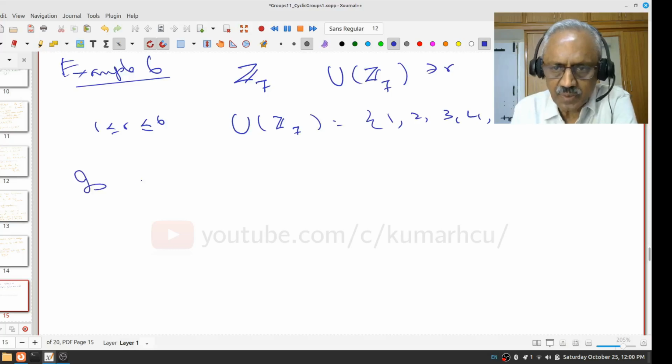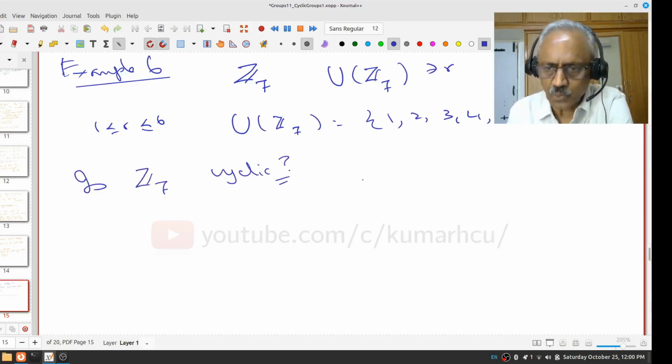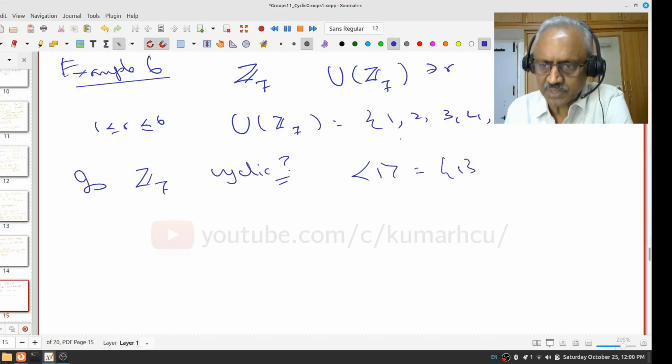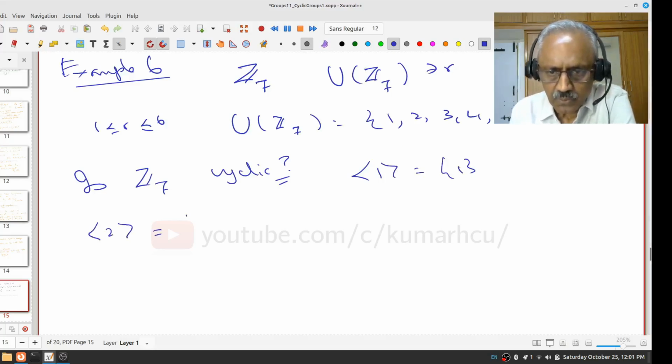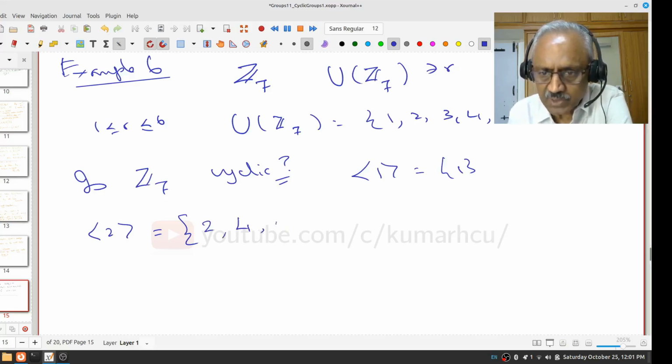Is U of Z7 cyclic? That's the question. Of course, 1 is ruled out because this will be the singleton {1}. Therefore, this is not a generator. Let us look at 2. What are the generators? Remember, it's multiplication: 2 times 2 is 4, and 4 times 2 is 8, which is 1, and 1 times 2 is 2.